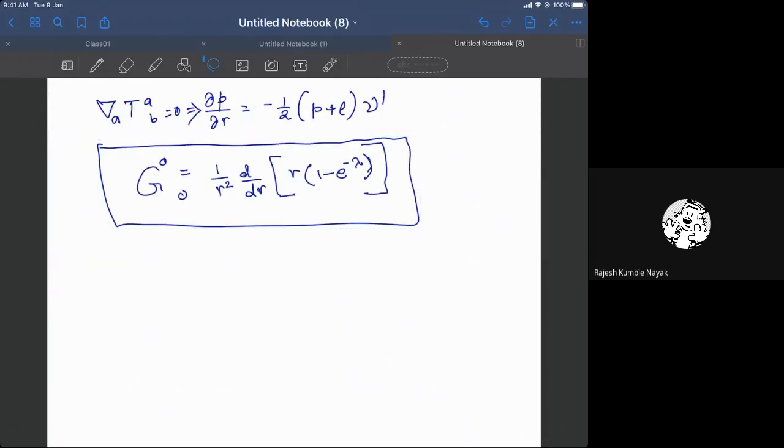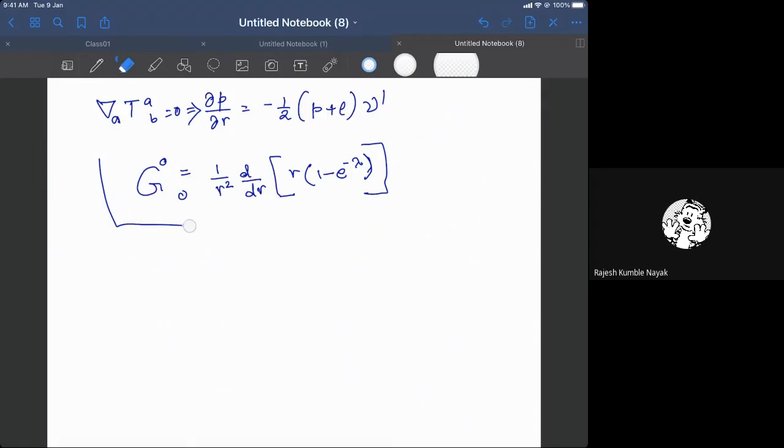Okay. So let us play a simple trick here. So this is the first of the Einstein's equations, the Einstein tensor. So this should be equal to minus kappa into rho as per our calculations. So this is the first of the Einstein's equations. So we play a simple trick here.